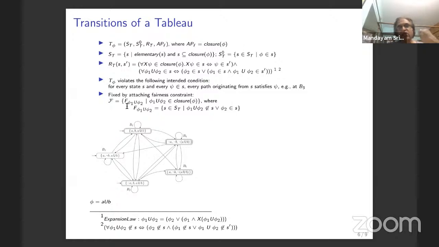In this case, there's only one formula of the form phi 1 until phi 2, and therefore there is only one fairness condition, which just says you may not have B3 in, so it has to visit all the rest of the things as it is defined here infinitely often. Therefore, that eliminates this looping infinitely in B3 itself. Okay. Any questions?